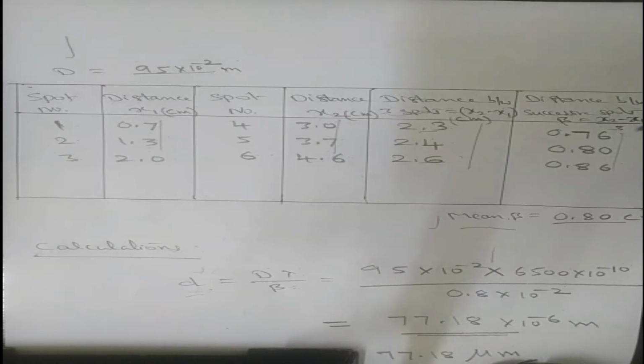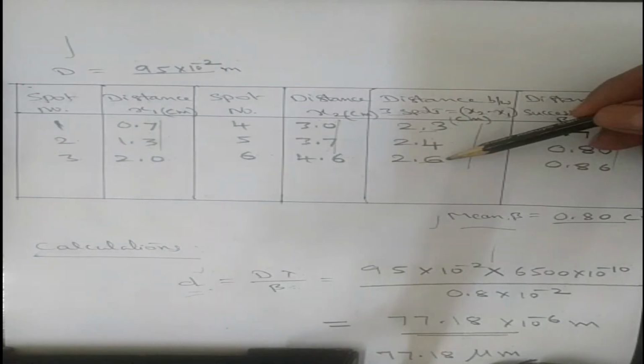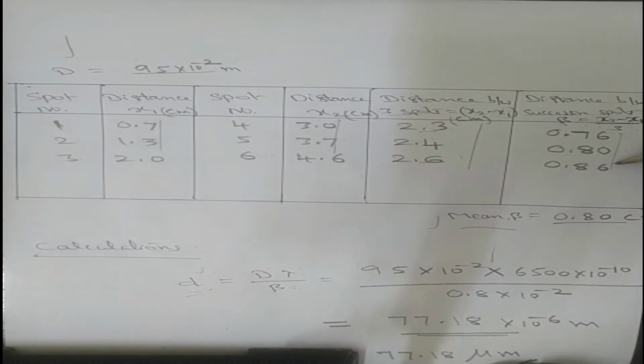That is called actually beta, correct? So beta is equal to x2 minus x1 by 3. So 2.3 by 3, 0.76, 2.4 by 3, 0.8, 2.6 divided by 3, 0.86. Like that you get the distance between successive spots in 3 trials.